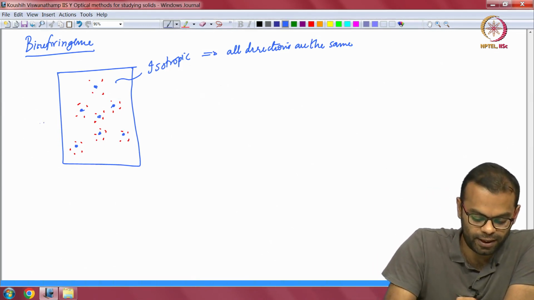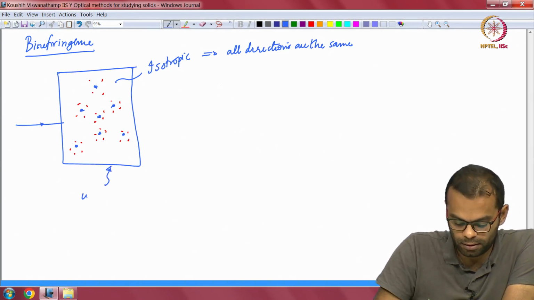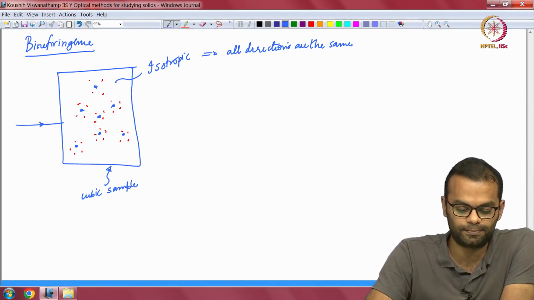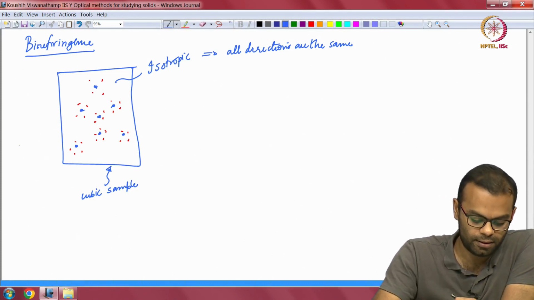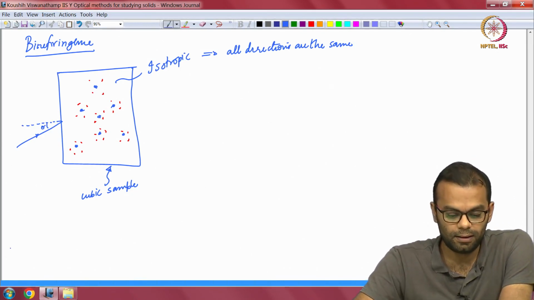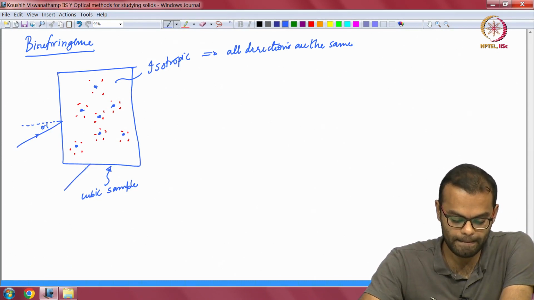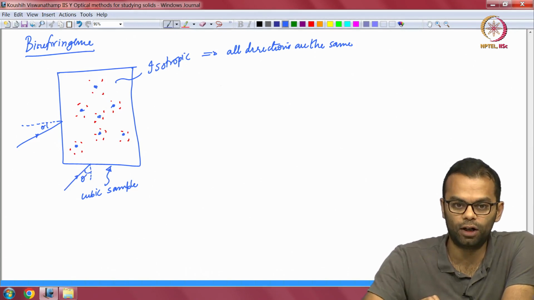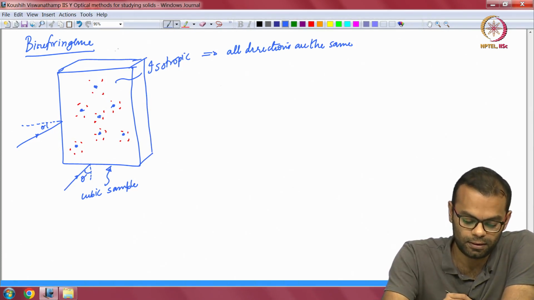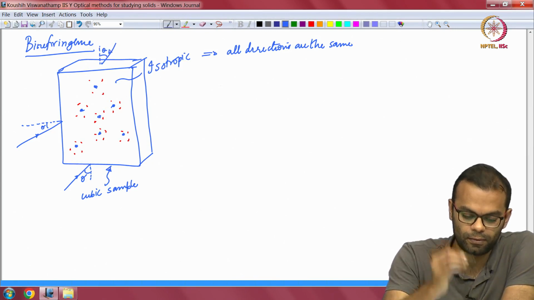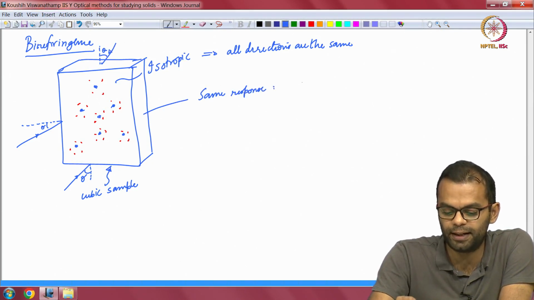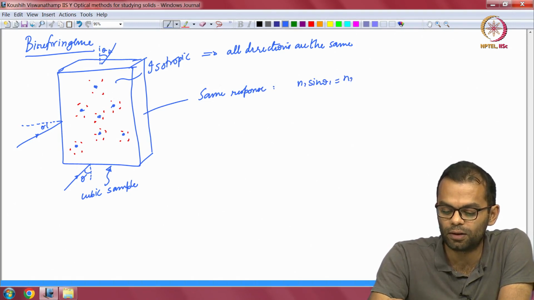Which means if the light were incident on this face, let us say you had a cubic sample, if the light were incident on this face like this at some angle theta, or if the light were incident on this face at the same angle theta, or on the front face or the back face or any of the side faces, you would get the same response, which means you will get the same n1 sin theta 1 equals n2 sin theta 2.